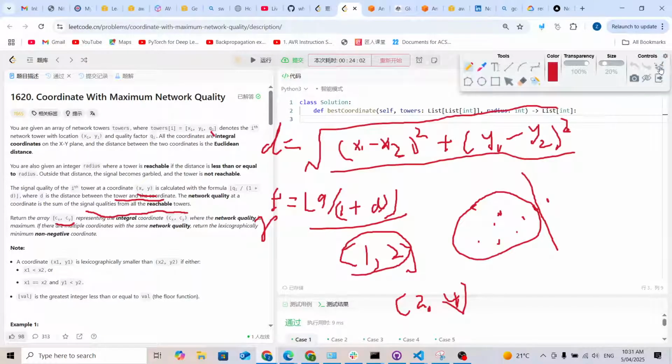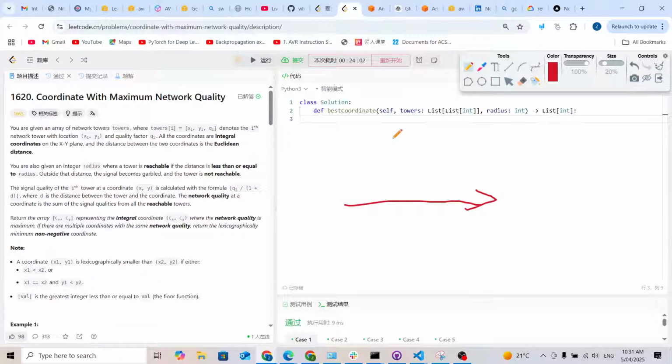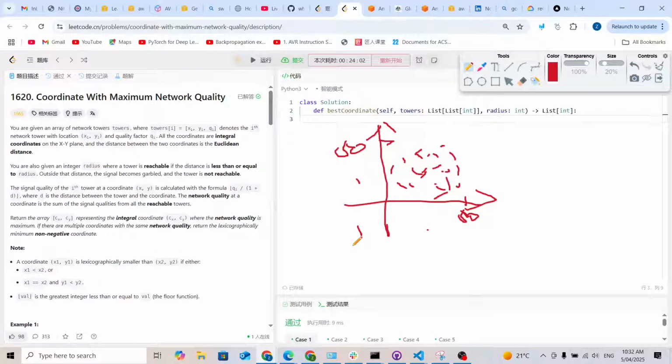The brute force idea is that we take the coordinates and loop from 0 to 50, because all the coordinates will be in this 0 to 50 area. If this is where we should set the tower station, can we set it here, or here, or here?